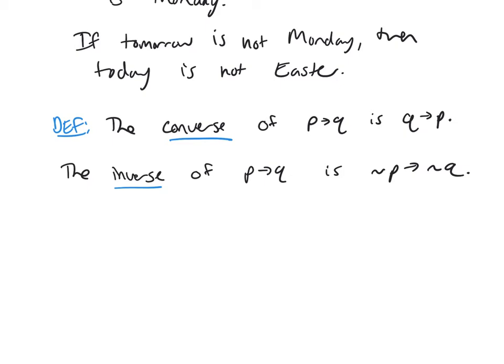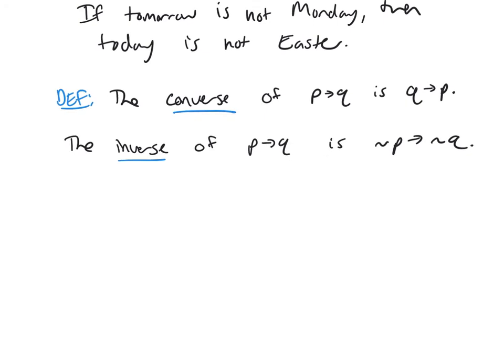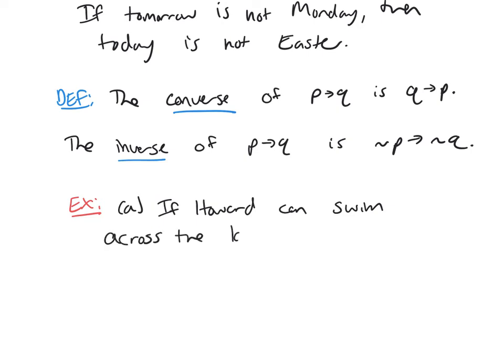So the inverse, you leave the order the same, you just negate the pieces. So let's look at some examples. Go back to the ones we had earlier. Our first one from earlier was if Howard can swim across the lake, then Howard can swim to the island.